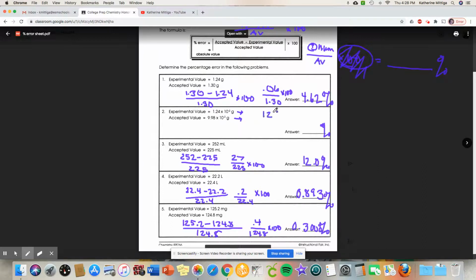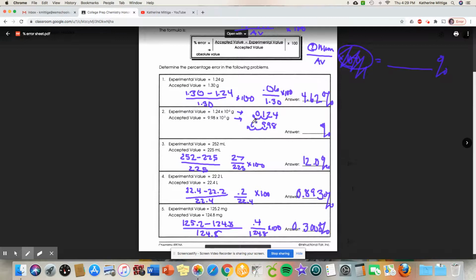So if I have 1.24 and I need it to be less than 1, I'm going to go 2 spots. There's my decimal place. Throw that 0 up there. So my experimental value is 0.0124. In this case, it's still negative, so we're going to move to the left 3 spots. So 9.98, 1, 2, 3.